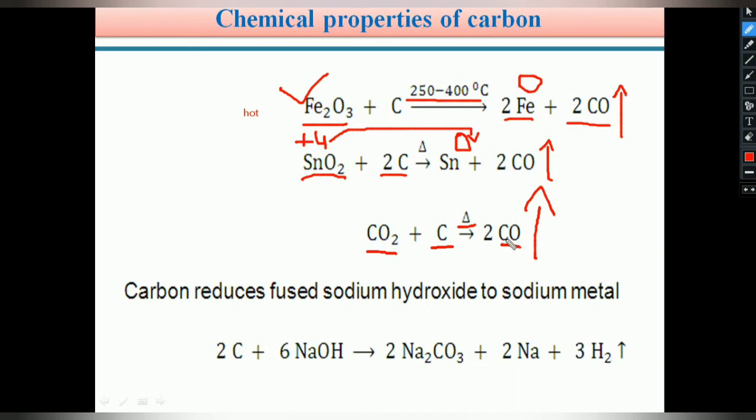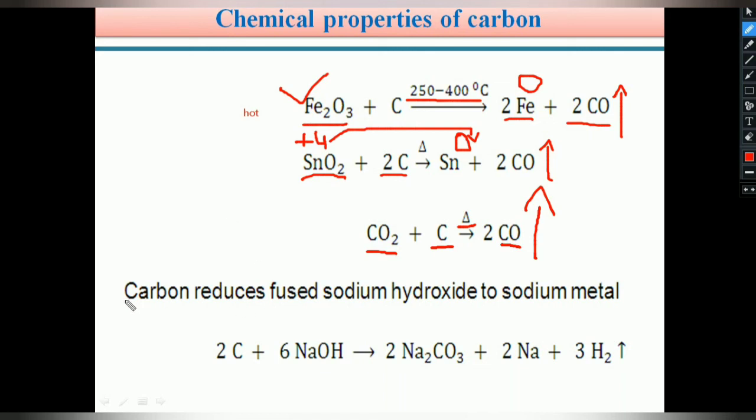In carbon monoxide, carbon is attached to one oxygen atom, whereas in the reactant, carbon is attached to two oxygen atoms. Therefore, carbon reduces higher oxides to lower oxides. So CO2 gas reacts with carbon at high temperature and converts into carbon monoxide gas.